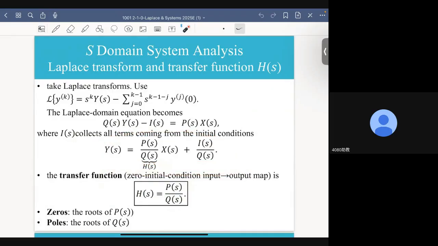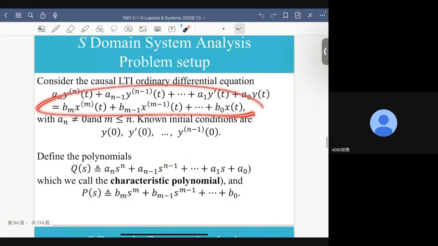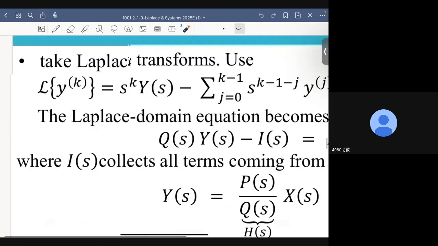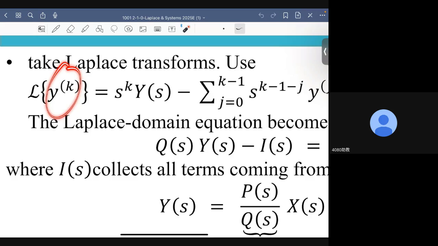Now, in transforming these equations, we need to use this mathematical equality, which tells us that if I take the Laplace transform of the kth derivative of y, what I will get is, first, the Laplace transform of y, and then I multiply this Y of s by s to the k. So the rule is very straightforward.